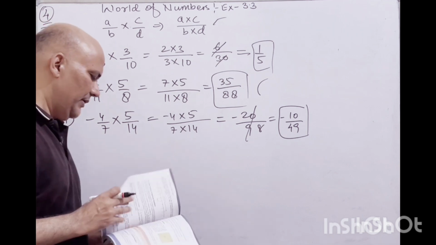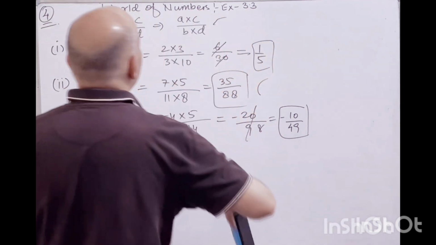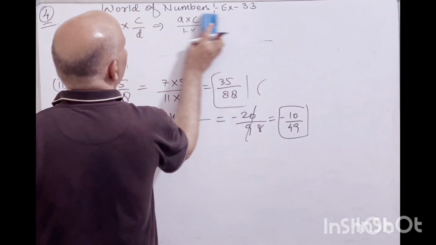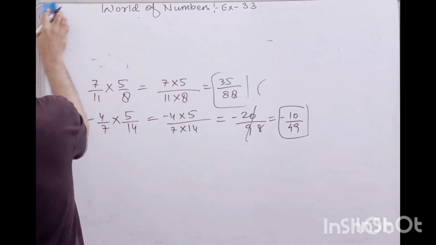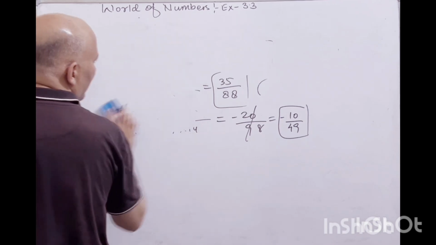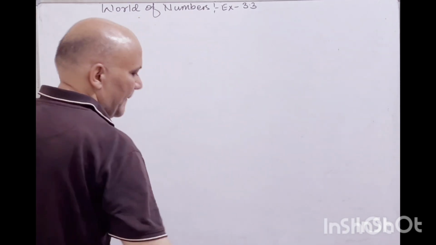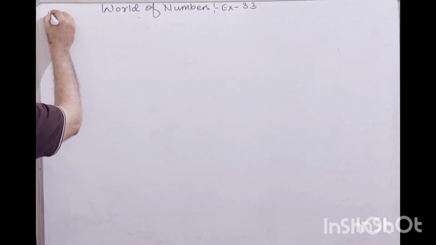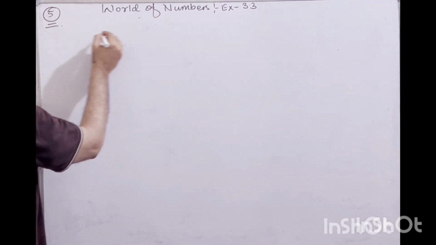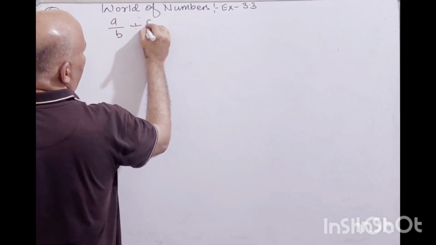Find the quotient. Now we have division. Now question number 5. What is the condition if you have been given A upon B divided by C upon D?